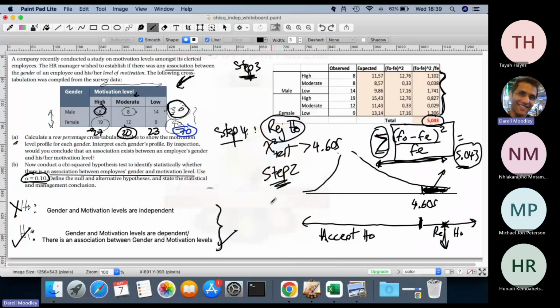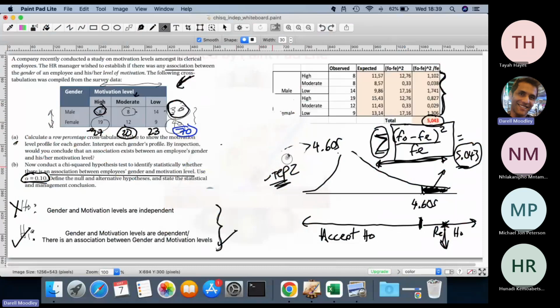Okay. So this is the test of independence. All right. So for the chi-squared test for Learning Unit 9, there are only 3 types of tests that you could have. We've done one of them already.